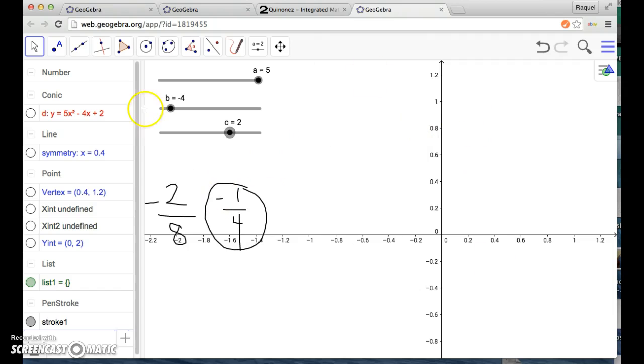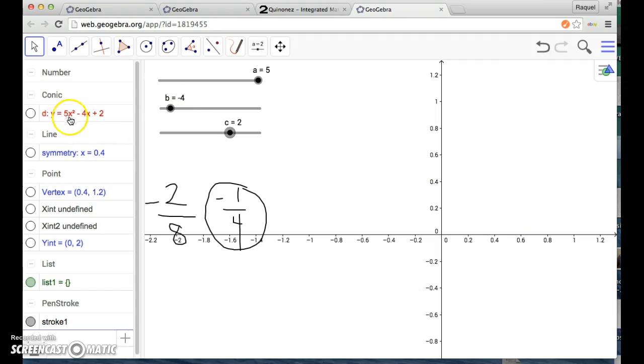So here's the equation. This is the strength, so I know it's going to be like this, but it's a lot of strength. It's going to be real skinny, and it's going to be negative 4, so that means it's going to go to the right a little bit, and down a little bit, and then it's going to go up 2.